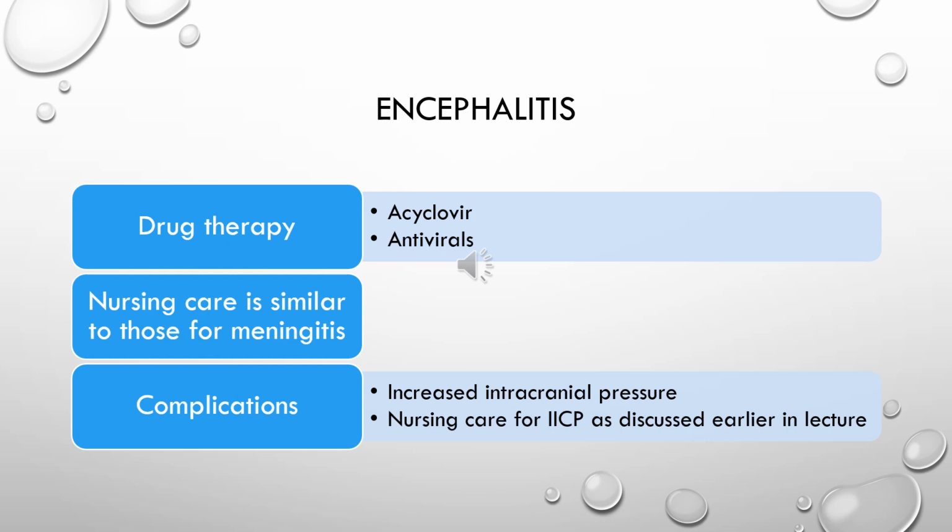Nursing care is similar to that for meningitis. You're going to do the same things. Complications include increased intracranial pressure, and nursing care for that, as discussed earlier in the lecture, will be your recommendations of treatment.